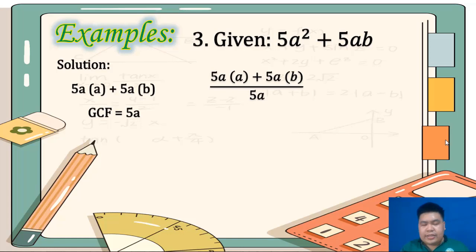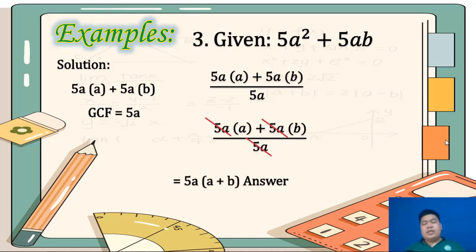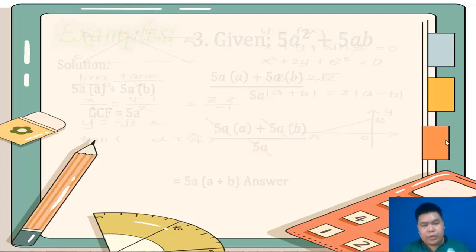Then, the next step is to divide the given factor by the GCF. Then, cancel out what is the same in the numerator and the denominator. So, cancel 5a, 5a, then 5a. Then, write the remaining factor, which is ab. So our answer is 5a quantity a plus b.